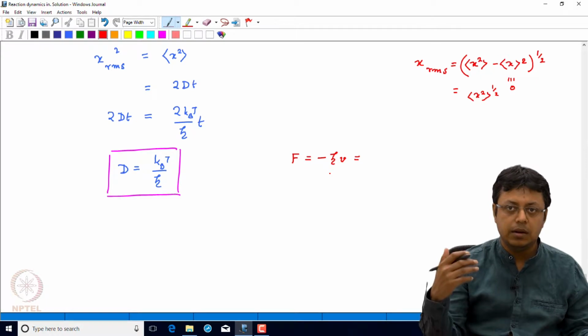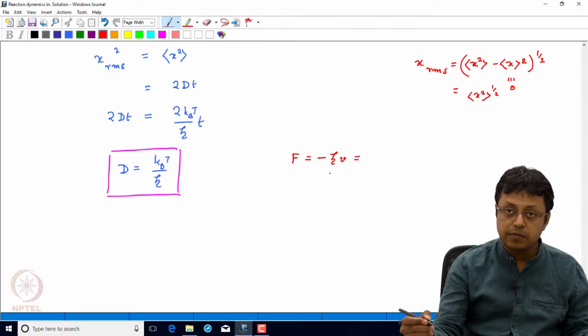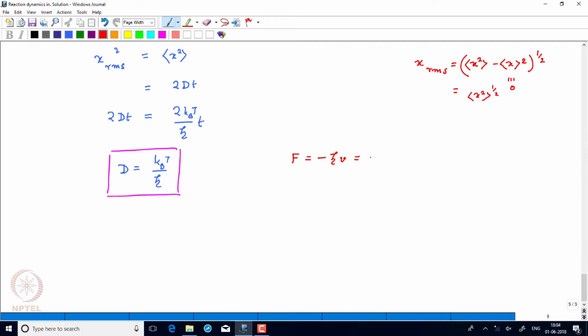If you remember, we wrote that mass times acceleration is this opposing frictional force, and the frictional force for a spherical particle will be nothing but minus 6 pi eta a into v, where a is the radius of the particle and eta is the coefficient of viscosity.